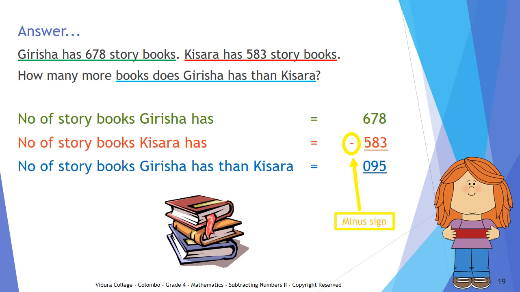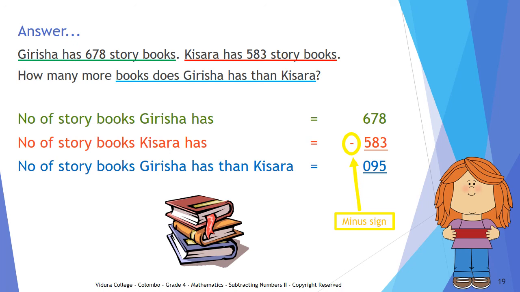Now let's check the answer. Number of storybooks Girisha has equals 678. Number of storybooks Kisara has equals 583. Number of storybooks Girisha has than Kisara equals 95.